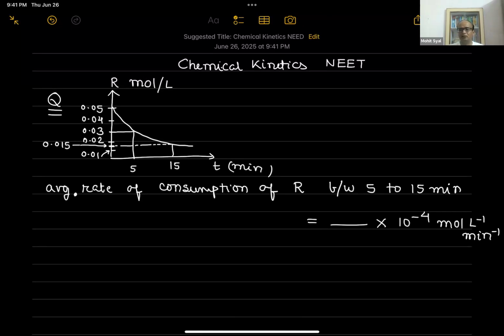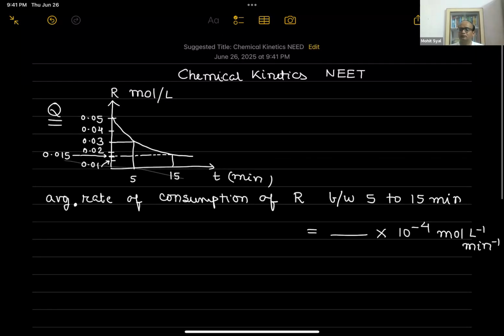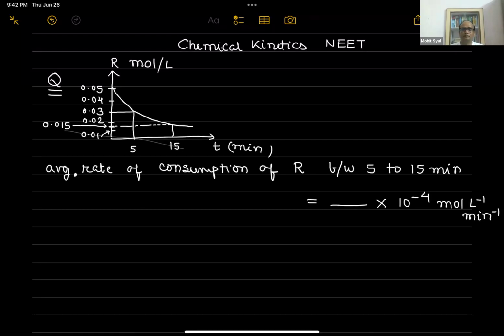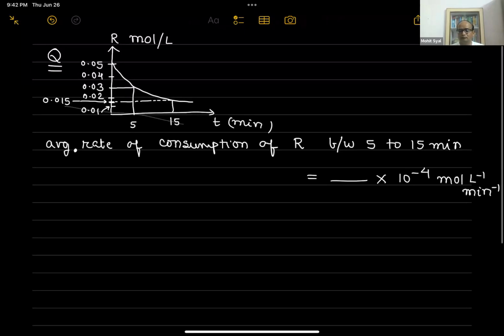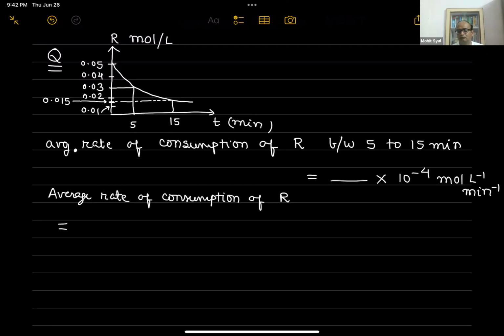So the question is clear, I think. Jovita, is it clear or not? Final concentration minus initial concentration.